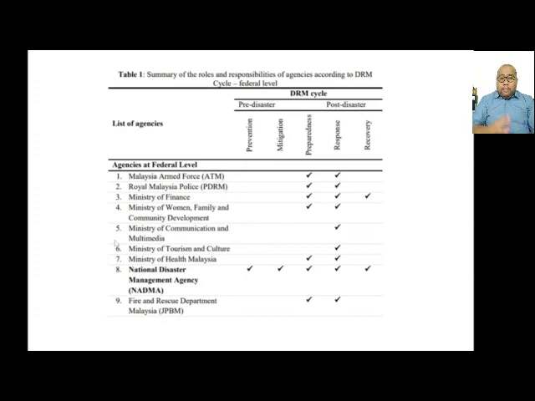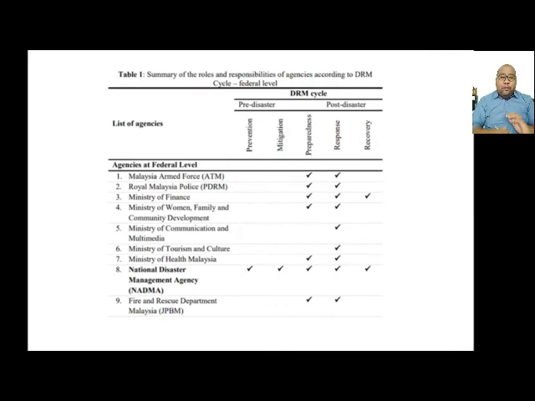Okay, so this is the summary of the DRM, disaster risk management cycle. So we have the pre-disaster and post-disaster. For the pre-disaster, we try to prevent, and also we want to mitigate the hazard before it happens.